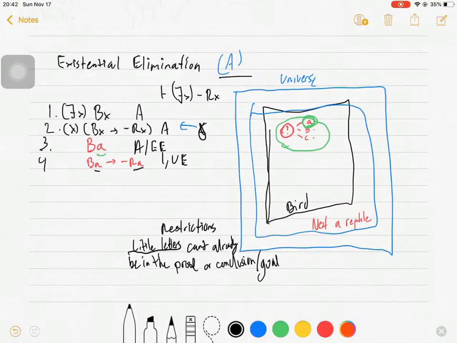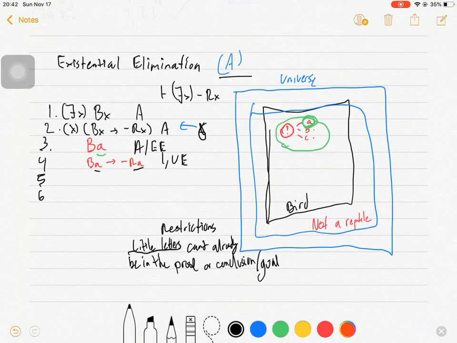It can't be in the proof through a premise, and it can't be in the proof from anything that we have introduced. So if we were to do line 4 first, well, we'd already have an A in our proof. And that would mean that when we try to assume for the sake of EE, we wouldn't be able to introduce BA. We'd have to introduce some other letter. And unfortunately, that would not let us get to our conclusion. So, always start an EE first before you do anything with any of the universals.